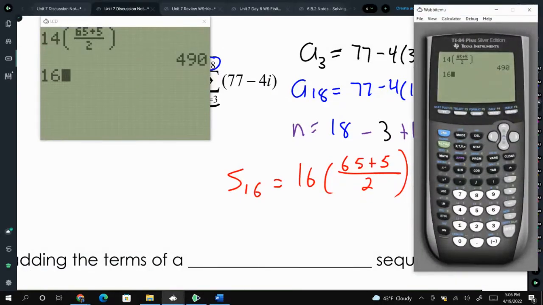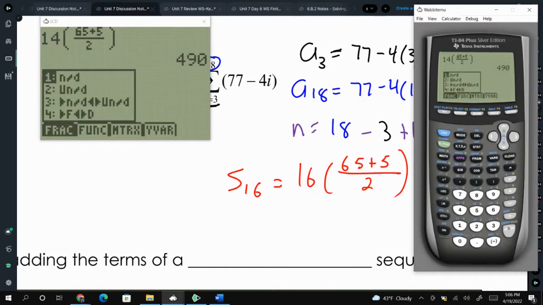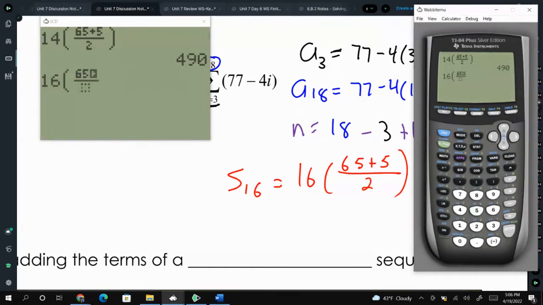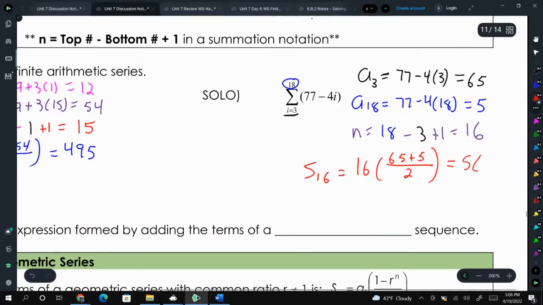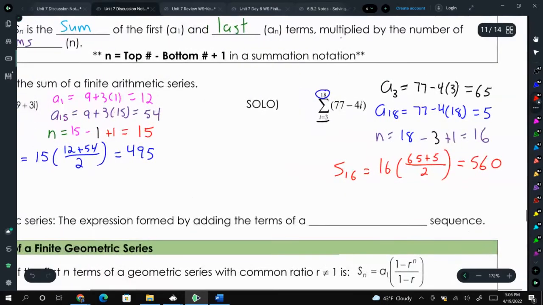So 16 parentheses 65 plus 5 over 2. And that gives us 560. So that formula was a nice shortcut to get these sums.